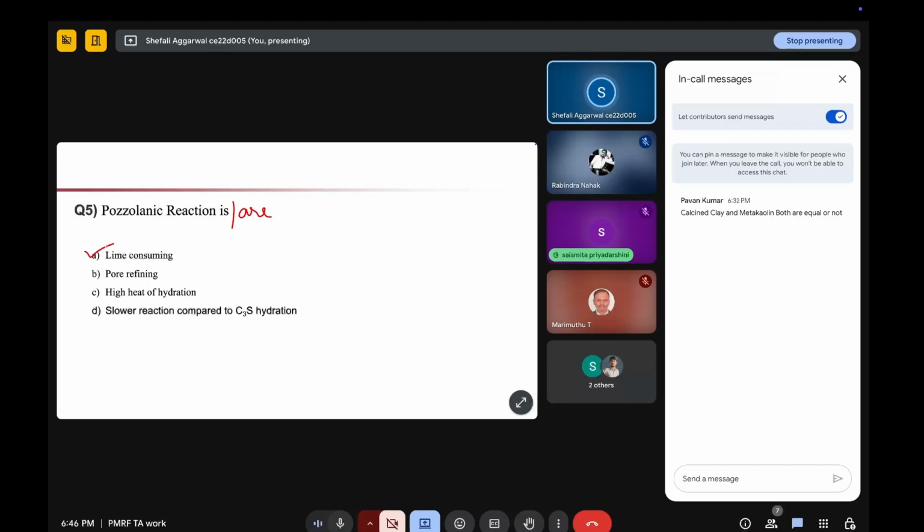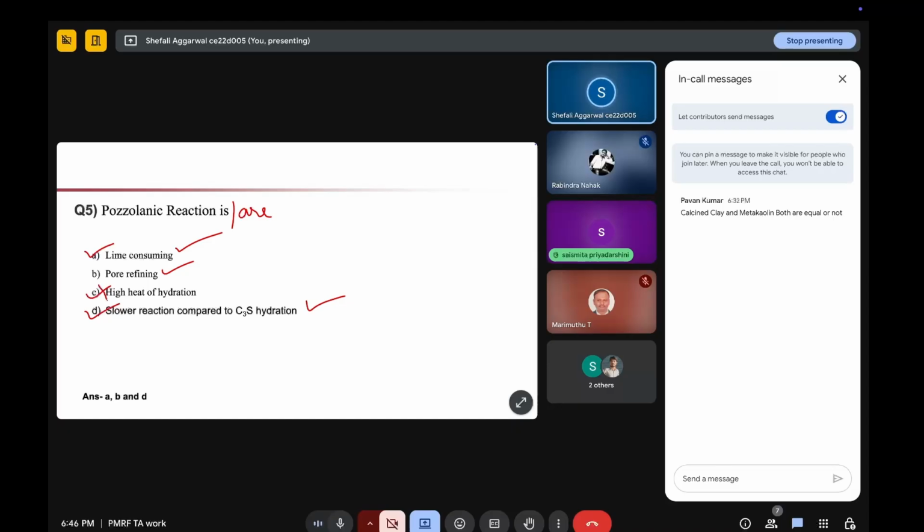Any other option do you think is correct? C, okay. D. So the correct answers are: it's lime consuming, pore refining, and slower reaction compared to C3S hydration.